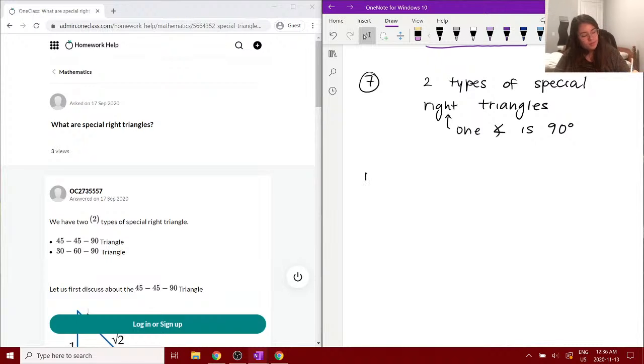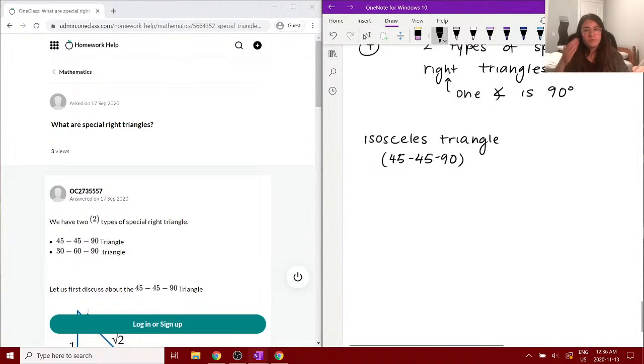We have the isosceles triangle. Yep, okay. It's hard to spell. Which is the 45, 45, and 90 degree triangle.